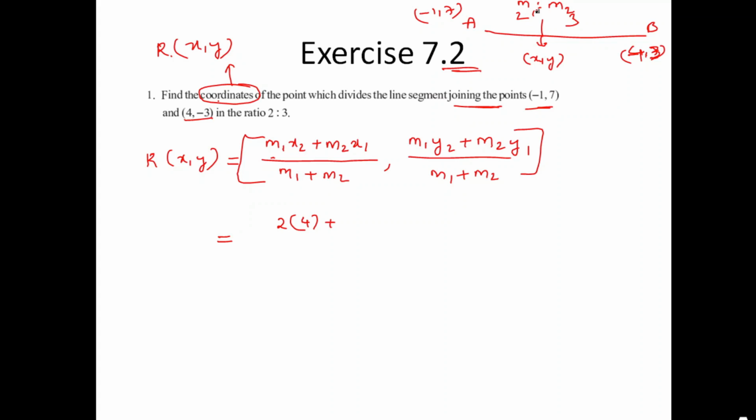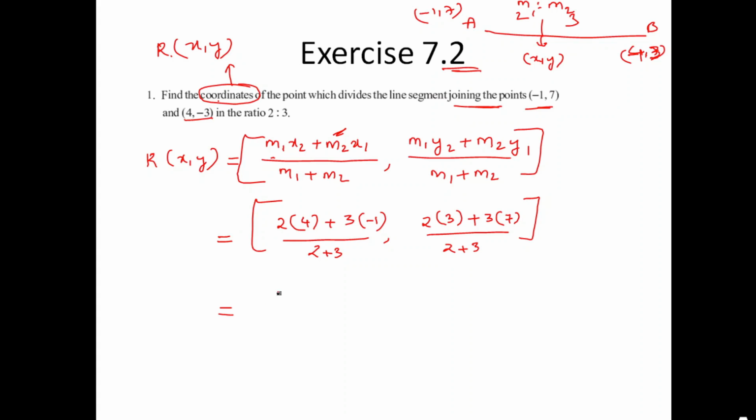So m1 is 2, x2 is 4, plus m2, which can also be written as n, is 3, and x1 is minus 1. So 2 plus 3 you need to add up over here, and similarly here also 2 plus 3. Right? So m1 is 2, y2 is 3, plus m2 is 3 and y1 is 7.